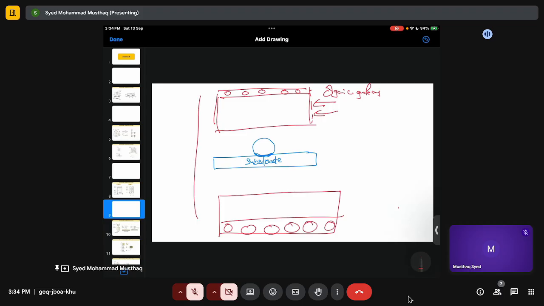Let's say this is my furnace totally, and here I'm purging the gases. So these gases will decompose and then they will deposit on our catalyst.